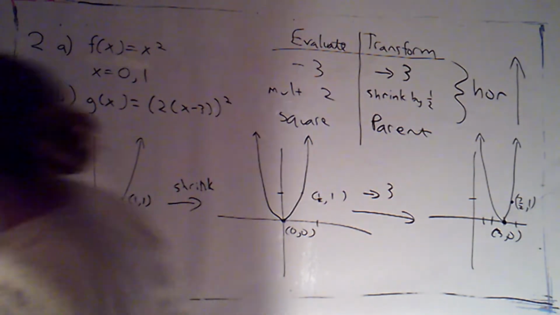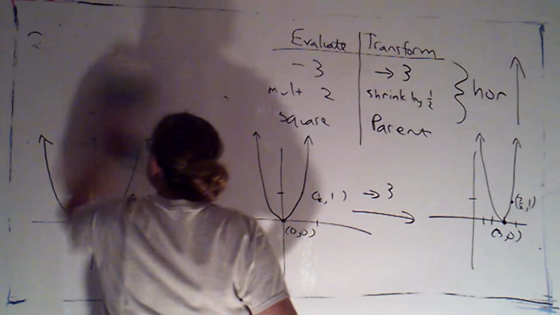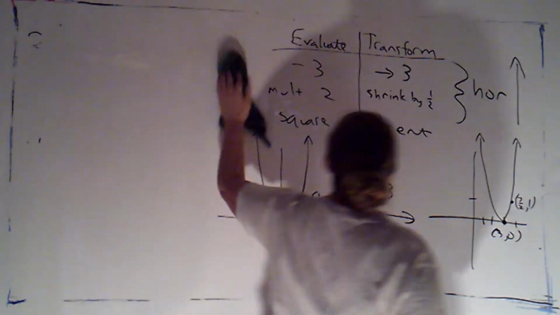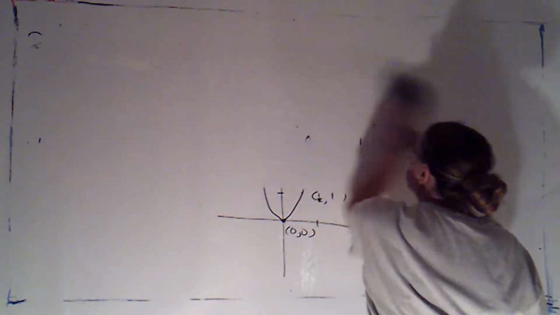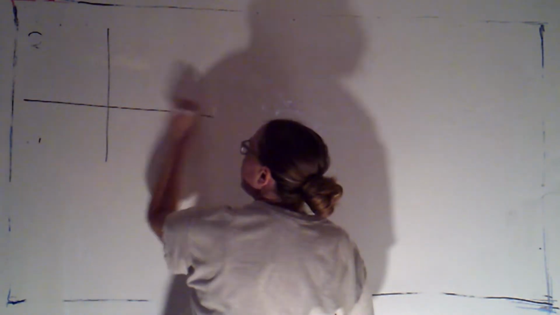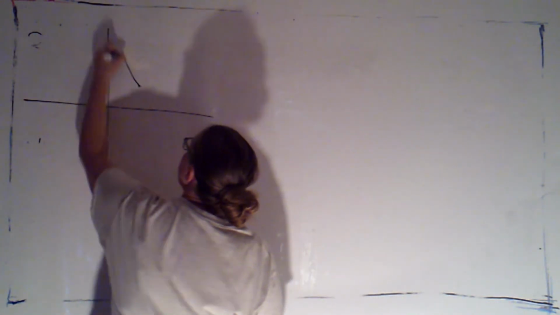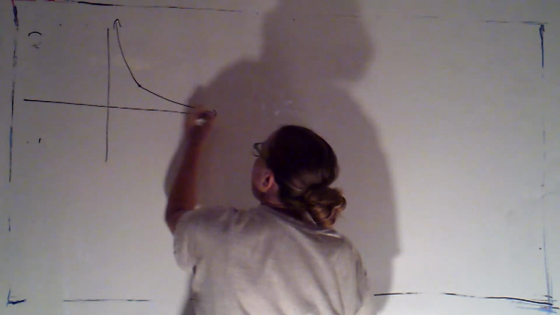All right, let's go ahead and review question 3. So for question 3, the parent function, remember, was the reciprocal function. And I had asked you to include the points whose x values were 1 and -1.